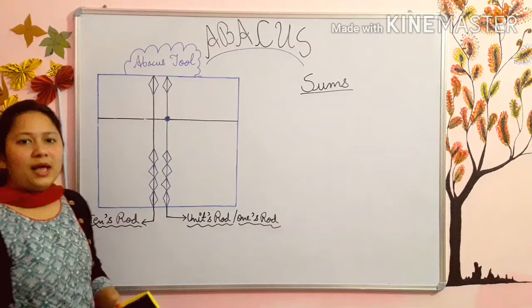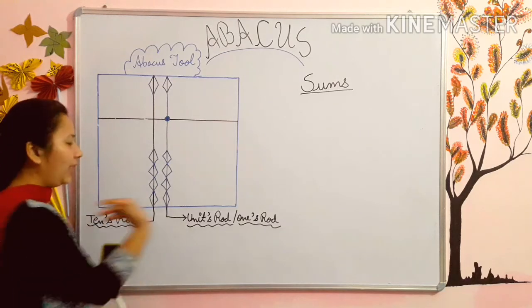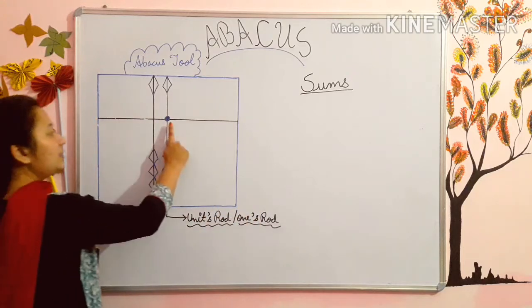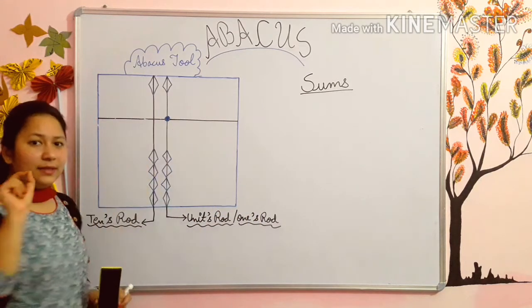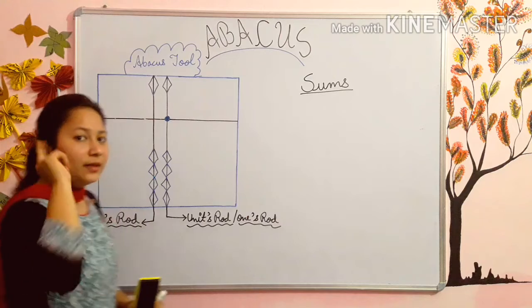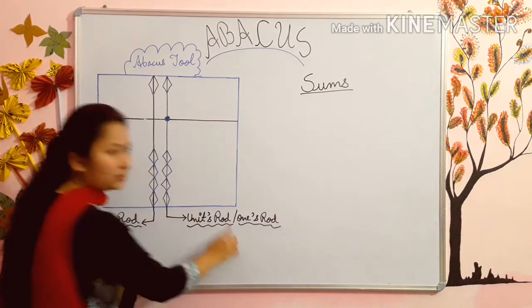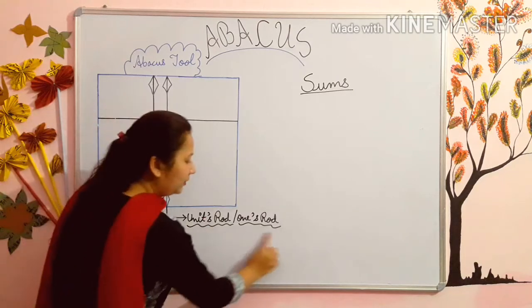Now first of all, I will give you a quick revision of the abacus tool. See, this is your tool. This is the mid rod. Mid rod means beech ki rod, the mid one. Now this rod is called the units rod, or you can call it ones rod.